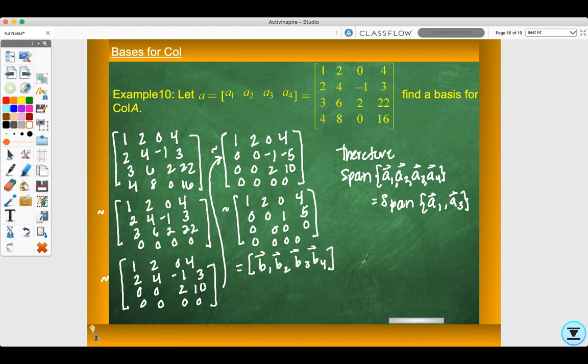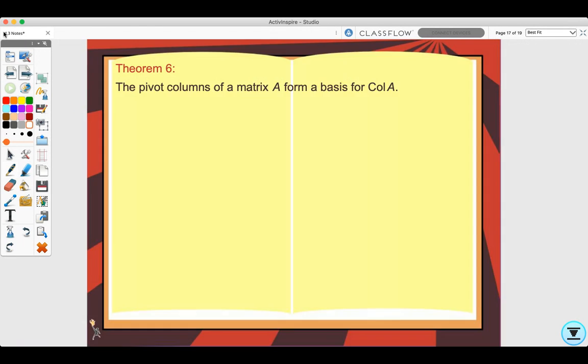And A1 and A3 is a basis for column A. Theorem 6: the pivot columns of a matrix A form the basis for column A, which we just did.